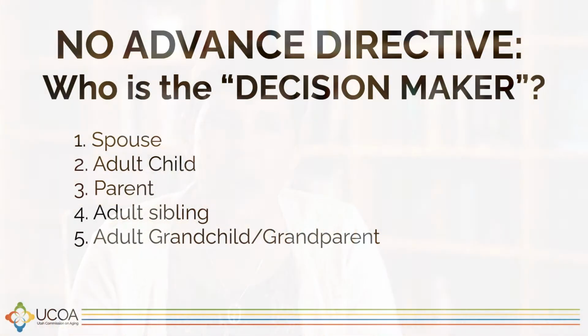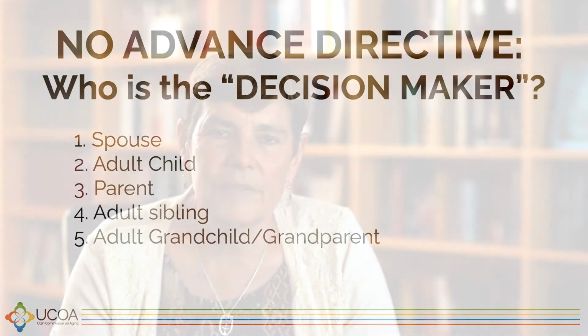If there is no designated decision maker on a legal document, there is an order of who we talk to as medical providers. First the spouse, then the adult child, a parent or adult sibling, and even an adult grandchild or grandparent. This order of decision makers has been established by a statute with the Utah State Legislature.